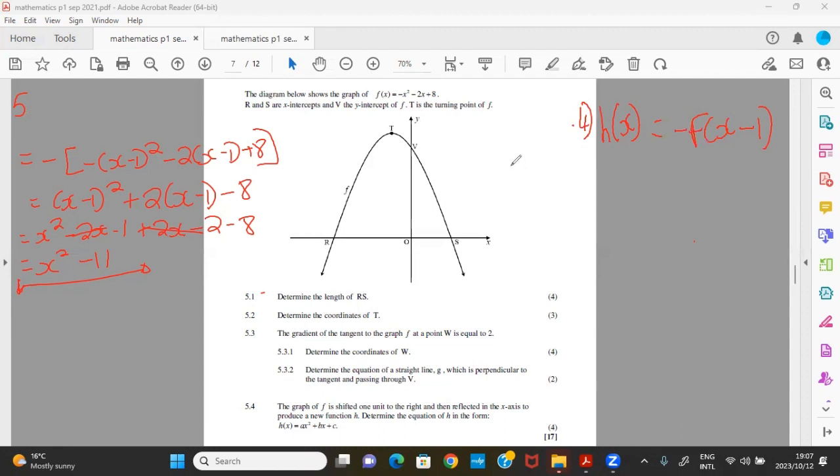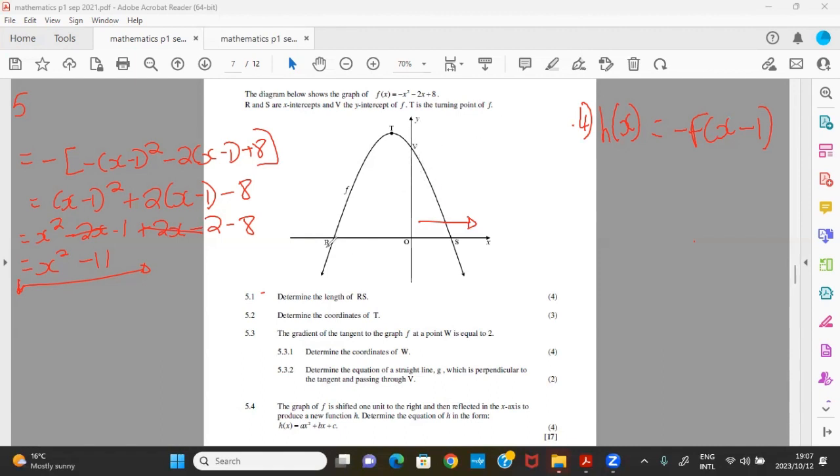Yeah, it's not that complicated, guys. Not that complicated. So when I shift my graph 1 unit to the right, that means all of my coordinates are going to change. They're going to change. So 1 unit to the right, I'm going there. And then reflecting about my x-axis.